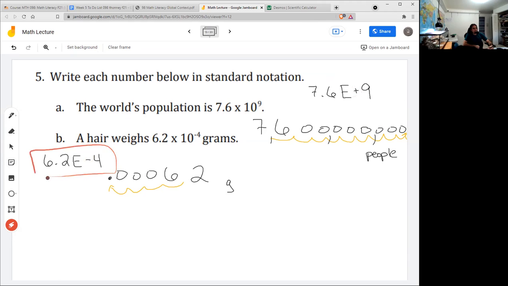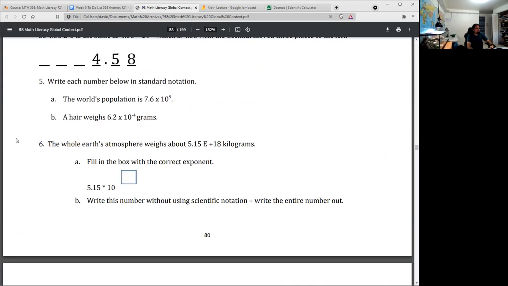You'd still be able to do it even with the engineering notation. I'm not hearing yeses or nos. Okay.